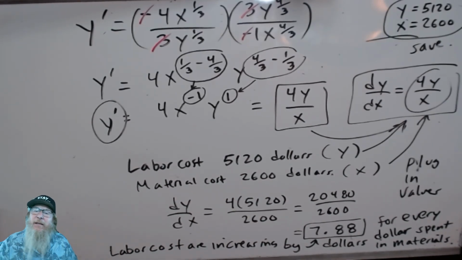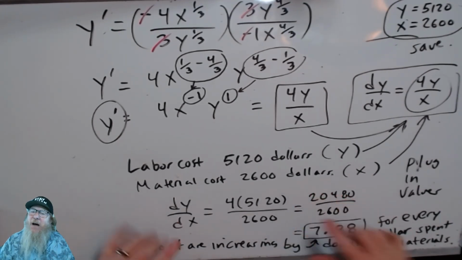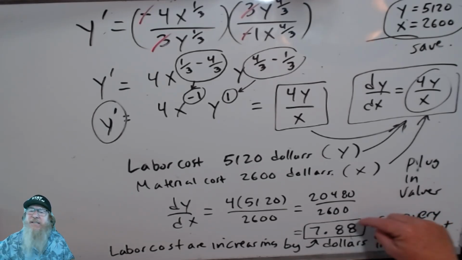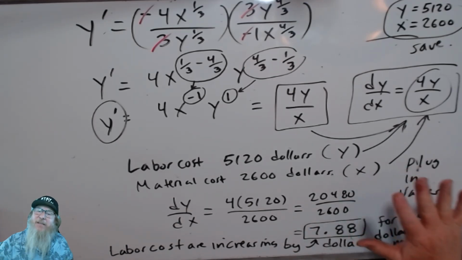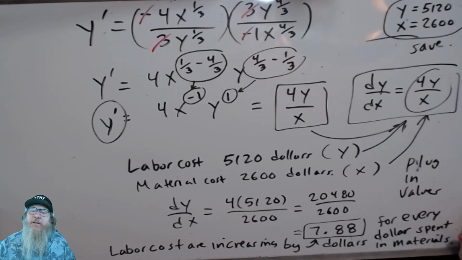Some companies really, you've probably seen the news, big corporations try to bring the labor costs down because when the boss man sees this number, they go, no, we don't want to pay $7 in labor for every dollar of material. They want to bring that cost down, and the way to do that is to smash labor unions and to smash the workers and to try to keep minimum wage down and try to keep you working night and day and night.